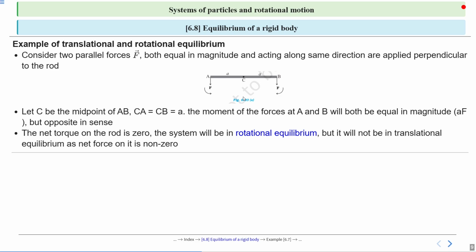This is the important point. The system is in rotational equilibrium but not in translational equilibrium. So there are some forces acting on the body, but there is no rotation.